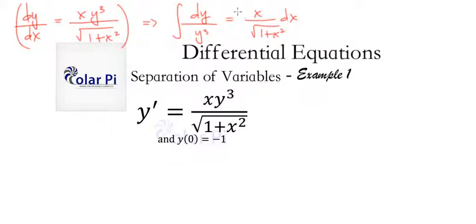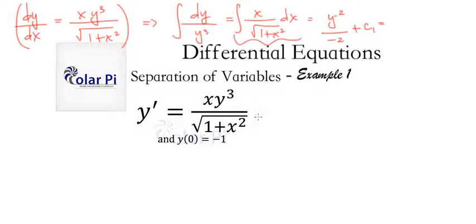Integrating both sides, the left side we could first write as the integral of y to the negative 3 dy, which is y to the negative 2 over negative 2 plus some constant, let's say constant 1, because we anticipate a constant on the right side also.